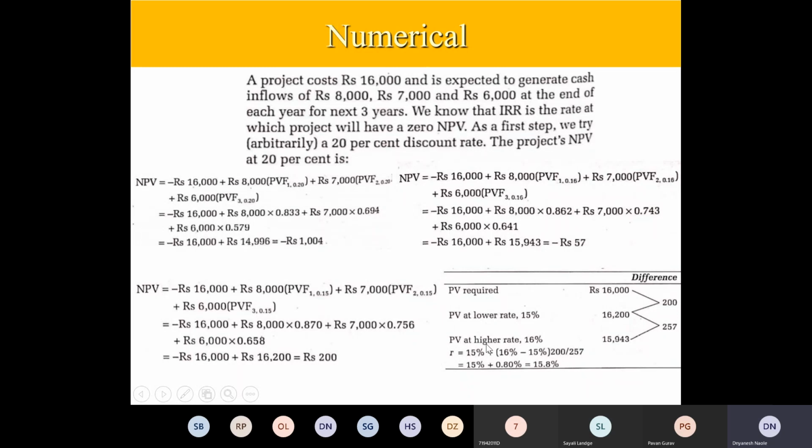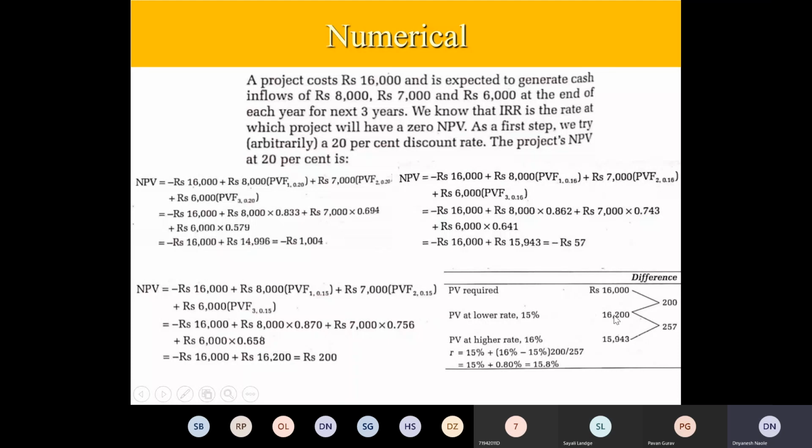When we increase it by 1%, that is 16%, we calculated it came to 15,943. So what is the difference for 1%? 257 rupees difference entails 1% difference in the discount rate.